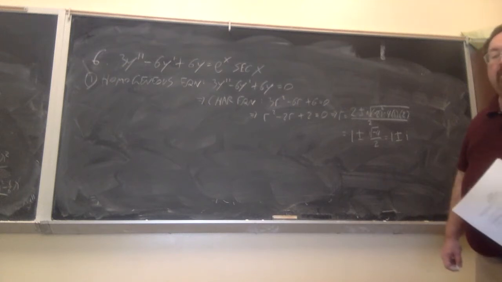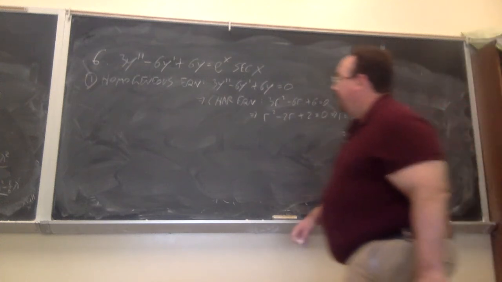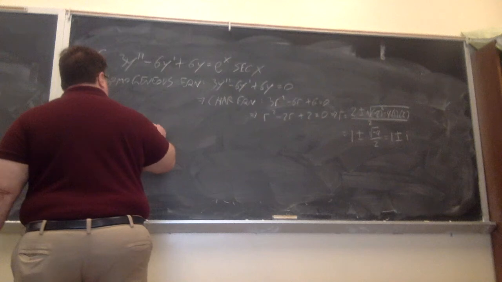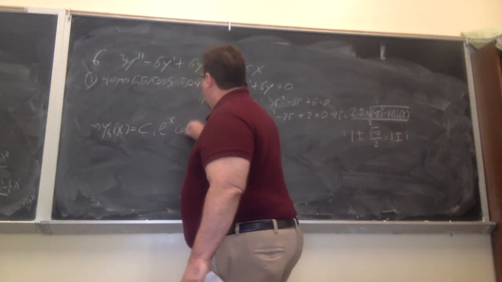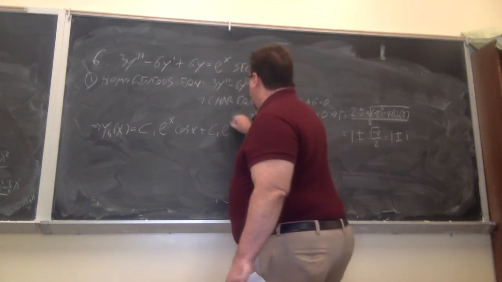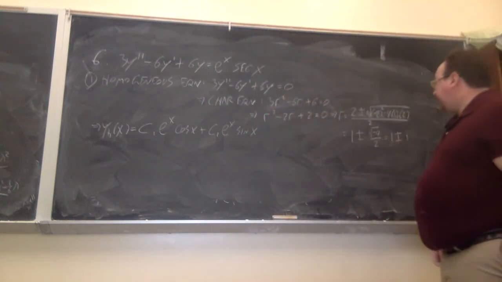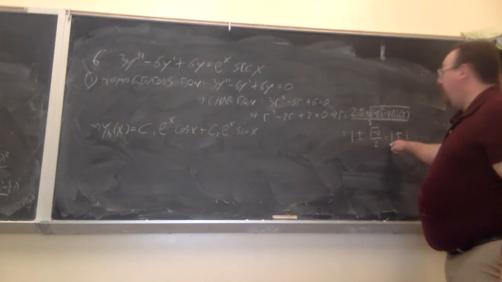They are complex, therefore we're going to have exponentials times sine and cosine. So our homogeneous solution is constant C1 e to the x cosine x plus constant C2 e to the x sine x. So the e to the x comes from the fact that the real part is 1.